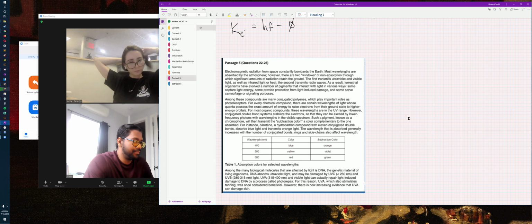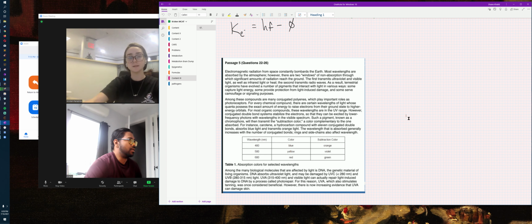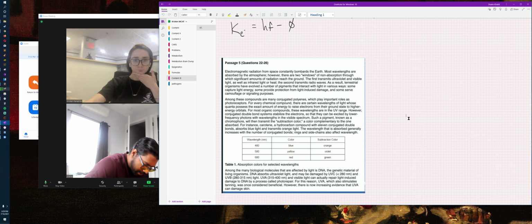Yeah. But what I'm asking is, do I need to know subtraction colors, or no? Or is that just something that's supposed to be new from this passage? Because I know sometimes they just give you new stuff. It would be good to know the complementary colors. Okay. Yeah, I can draw out how to do them. So let's see.